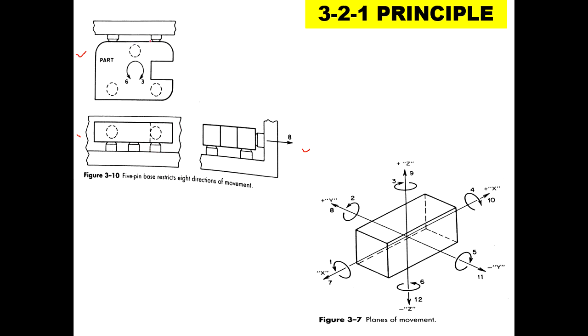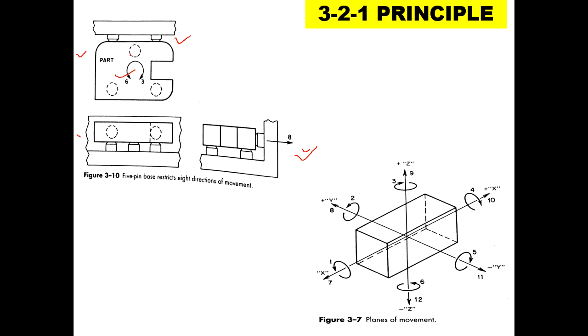Now with these additional 2 pins on one side, we will restrict additional three motions. Which three motions? Motion 3 and 6, that is clockwise and anti-clockwise rotary motion along z axis. You can see this, if you add these pins, we will restrict number 3 and number 6. Similarly, number 8, that is translatory motion along the positive y, will also be restricted.